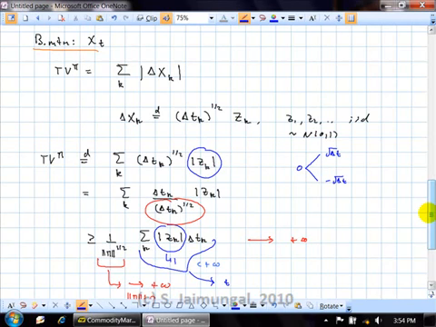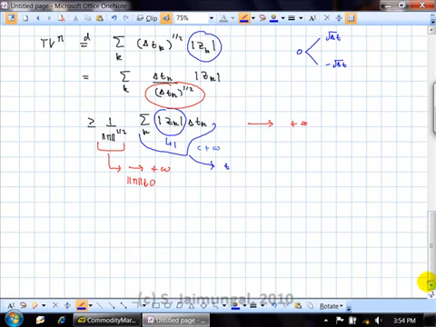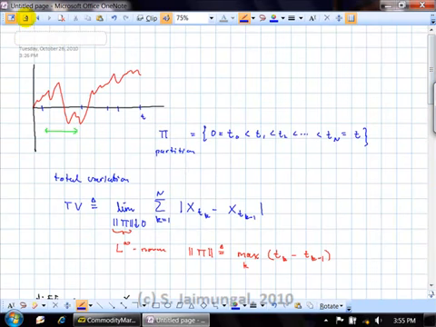So Brownian motions cannot be differentiable anywhere, in fact. This is true for every single little t, no matter what little t is, if we look at the total variation over any little t.